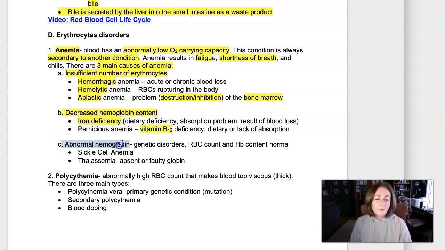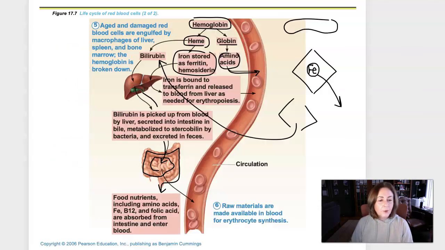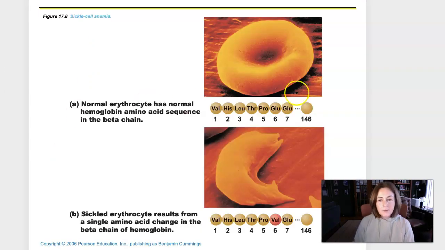And then another possible reason to have anemia is you have abnormal hemoglobin, and that would be a genetic disorder, something like sickle cell anemia or thalassemia. With sickle cell anemia, let me show you that real quick in our PowerPoint. What happens is it's literally just a point mutation, so it's one amino acid that's different in the globin sequence, and what it does is it causes the red blood cell to change its shape, kind of like a transformer.